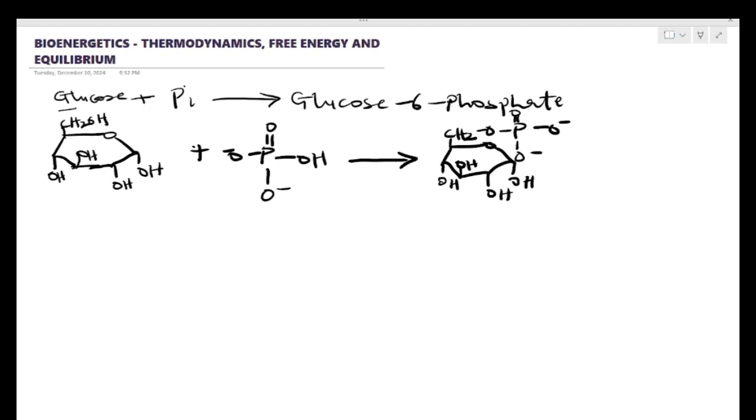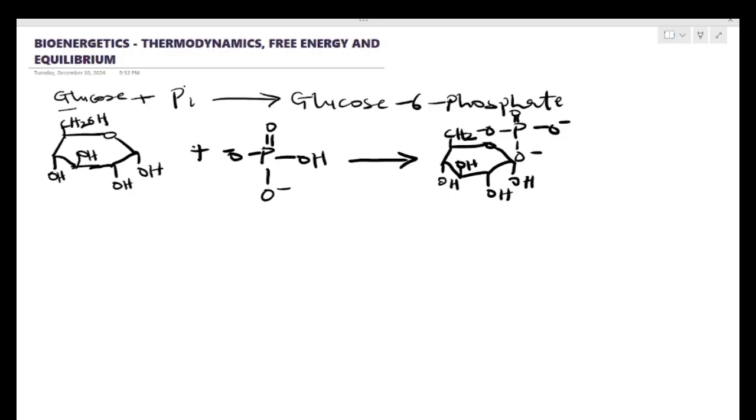This happens to be the very first reaction of glycolysis, and this is a reaction that we definitely want to move forward. It is very important that this reaction moves forward and moves forward easily.